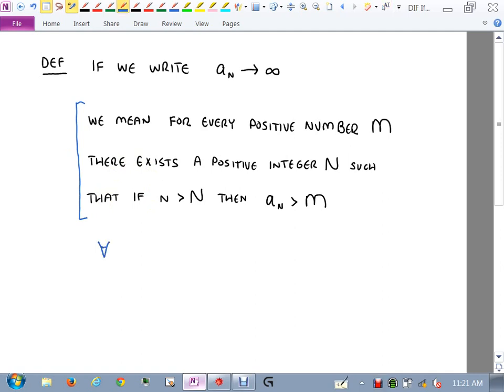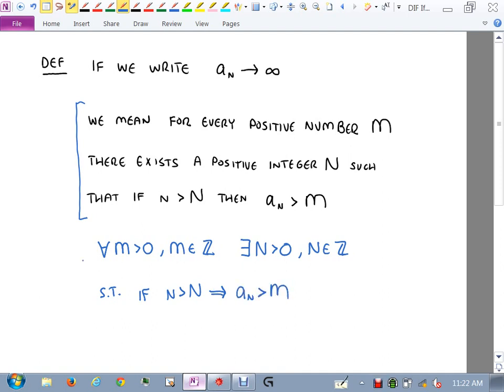For every M greater than 0, there exists capital N greater than 0, N an element of the integers, such that if n is greater than capital N, that implies that a sub n is greater than M. I'm just showing you a different way of writing that same exact statement.